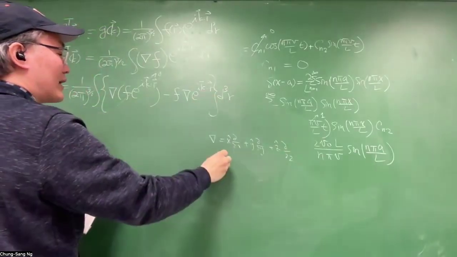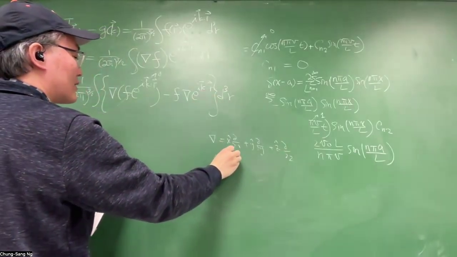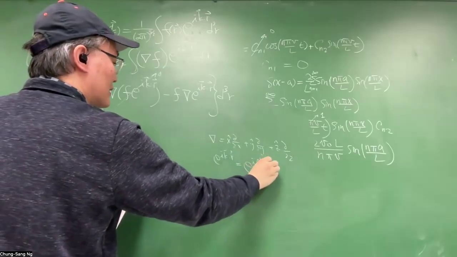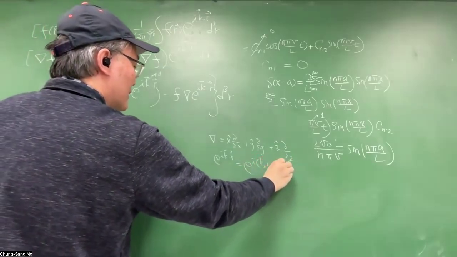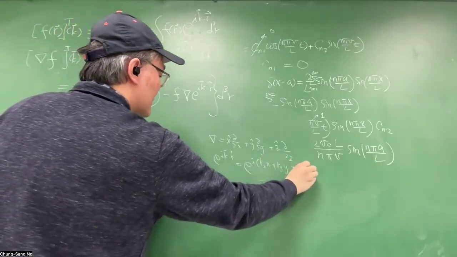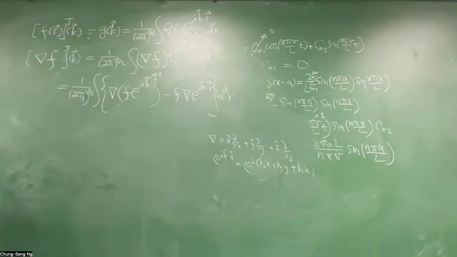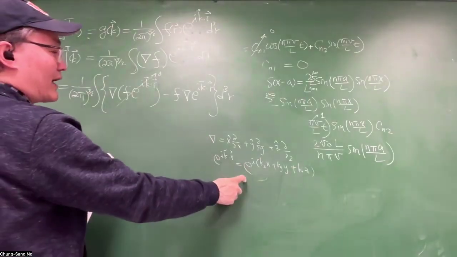And e to the ik dot r is just going to be i k_x x plus k_y y. You operate this on that.